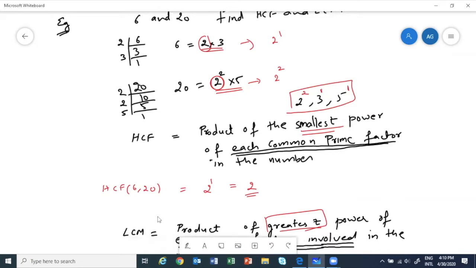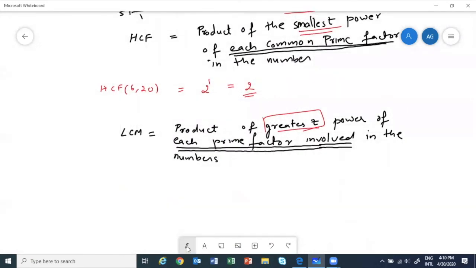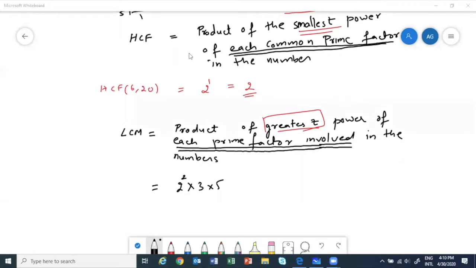So the LCM is going to be 2 square into 3 into 5. So how much is that? 4 into 15.